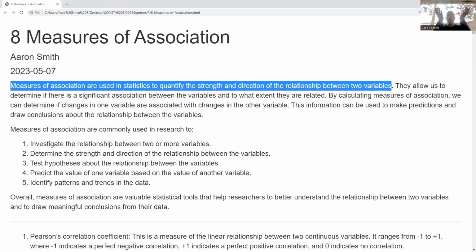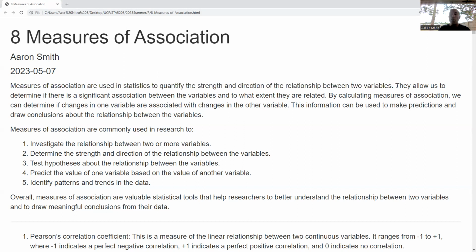If one goes up, we expect to see the other going up, because if ice cream sales went up, more than likely it was a warmer day, so I would expect to see higher temperatures. Now, it does not mean there's a causation there, but if I was just looking at my data, not knowing anything else about it, that's what I would expect to see. There are other situations where if one goes down, we expect the other to go up. When one goes up, the other goes down.